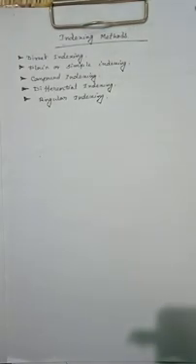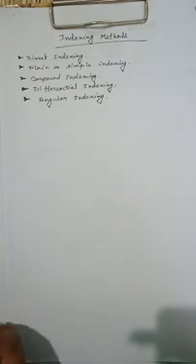So guys, today we will discuss the indexing method. In my previous class, we already discussed the types of indexing method, the definition of indexing, what is indexing, and the dividing head. Now, today we will discuss the indexing method.